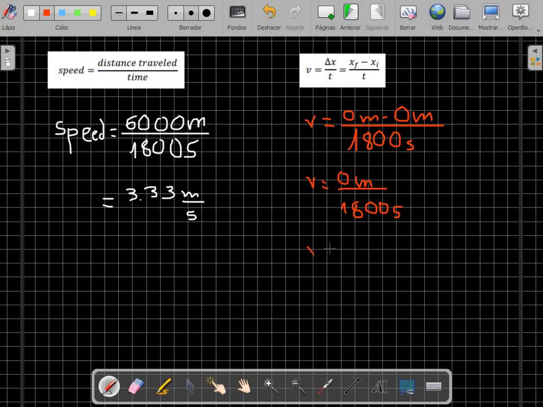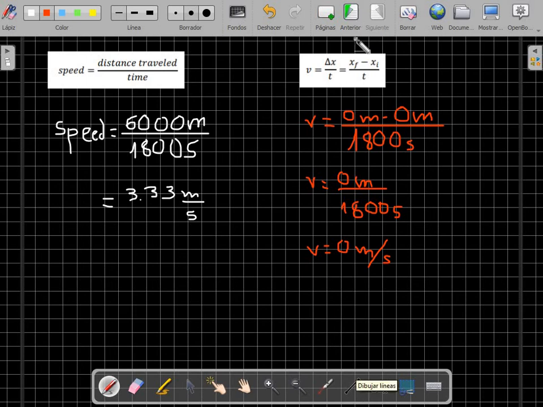to 0. And here is why I said this result is going to be a little bit weird, because after all, this person moved from one place to another and came back. So how is it possible that the velocity is 0?